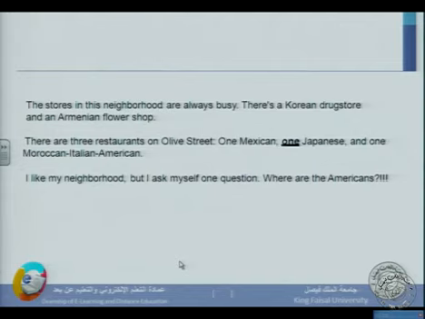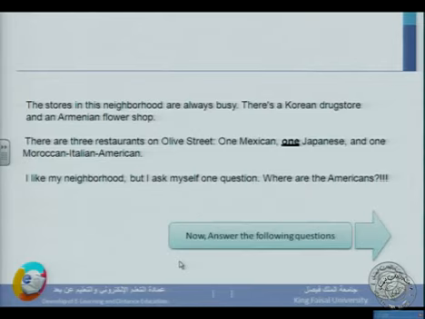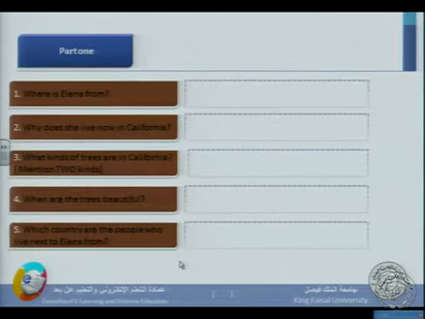There are 3 restaurants on Olive Street, one Mexican, one Japanese, and one Moroccan, Italian, American. I like my neighborhood, but I ask myself one question: where are the Americans? Okay? So now let us answer the following questions. If you read here, where is Elena from?